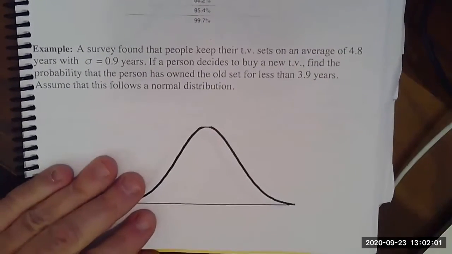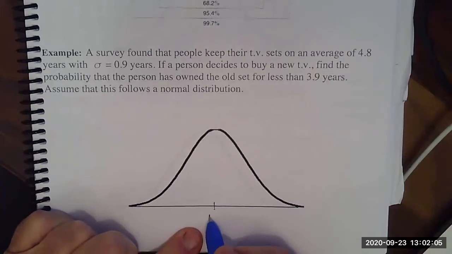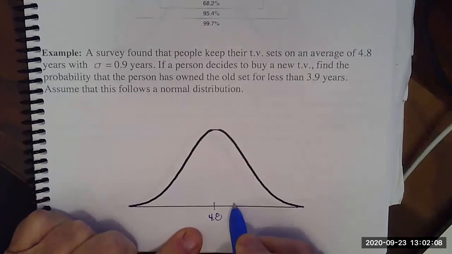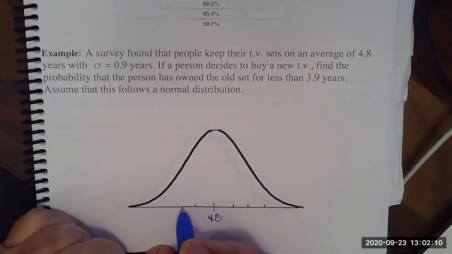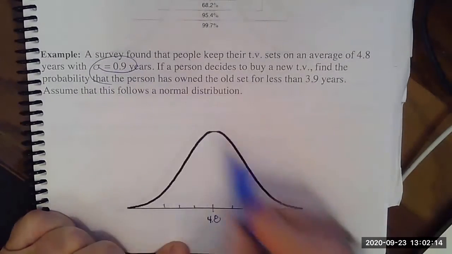All right, let's try this one. So same problem. This is 4.8, 1, 2, 3, 1, 2, 3. Sigma is still 0.9.